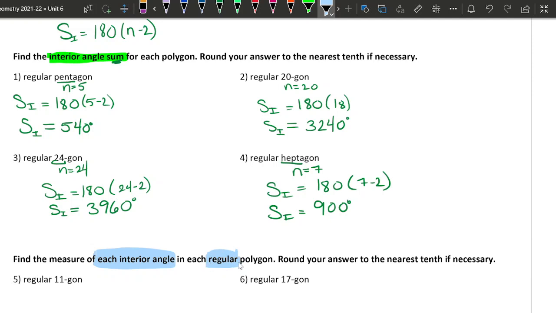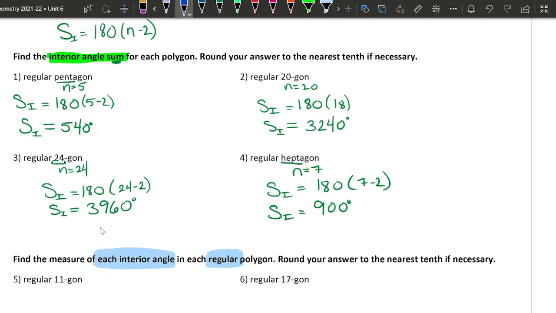So on the sum of the interior, it doesn't matter if it's regular or irregular. That part doesn't matter for the sum. But you can only use the formula for each interior angle if it's a regular polygon, because that means it's divided evenly amongst all the angles. If it's not regular, then you have to come up with a different method.